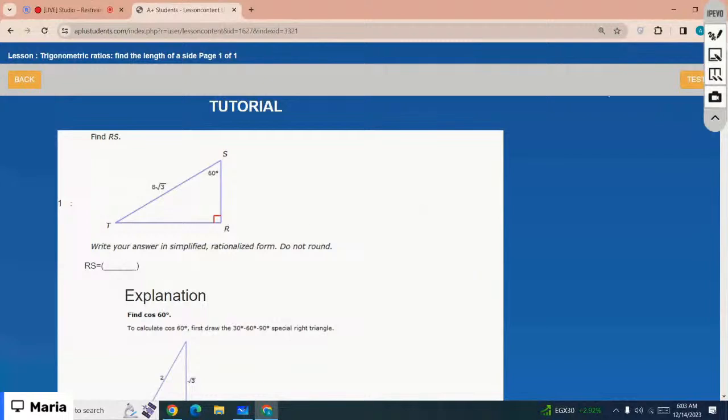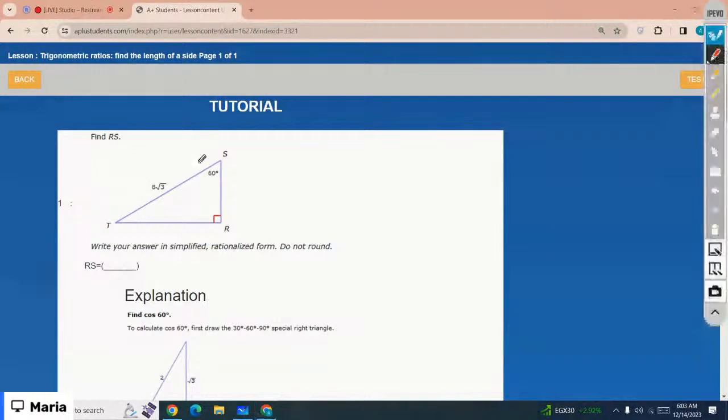If you use sine 60, this is the perpendicular for this angle, but you need to find this side. So you can use cos 60. Cos 60 equals base SR divided by the hypotenuse, that is 8 square root 3.